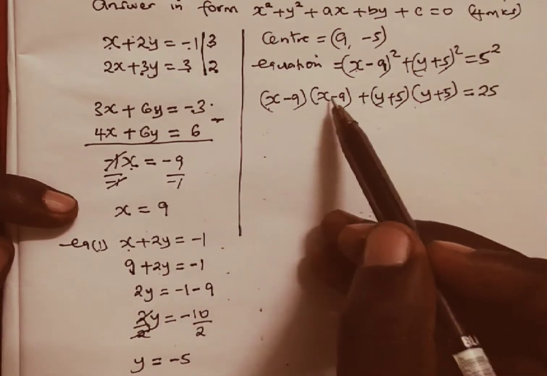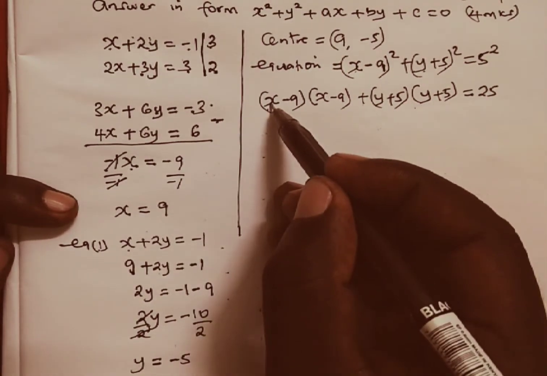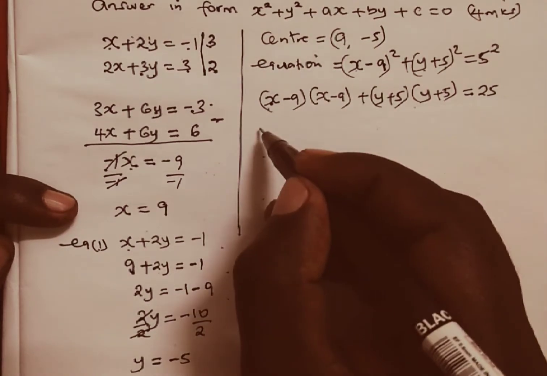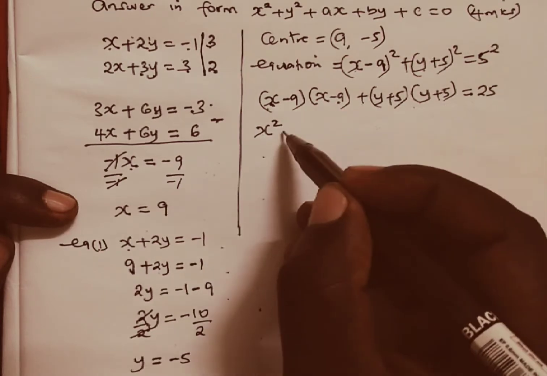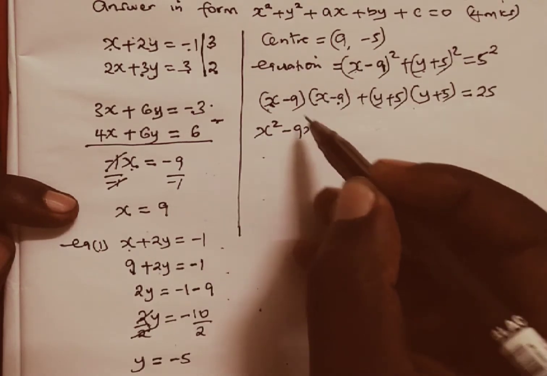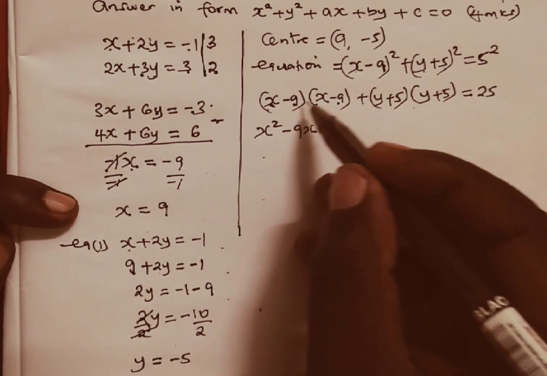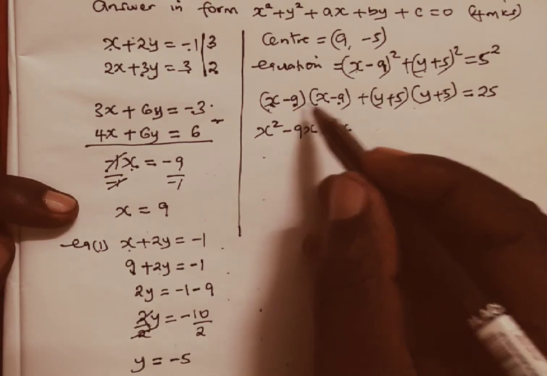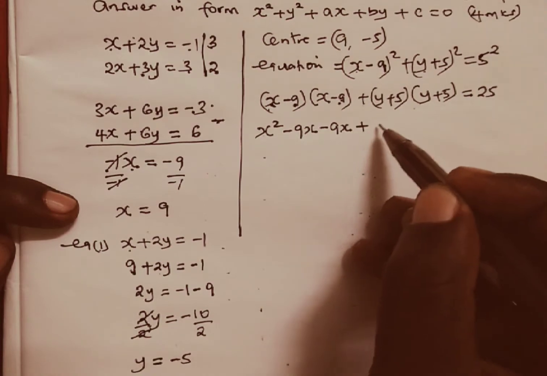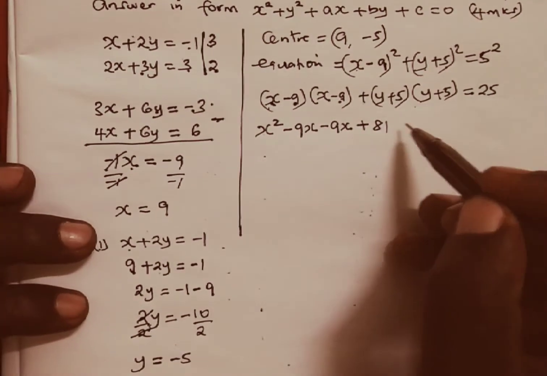If we expand the brackets, x multiplied by x will give us x squared. Then x multiplied by negative 9 will give us minus 9x. Then negative 9 times x will give us minus 9x. Then minus 9 times minus 9 will give us positive 81.